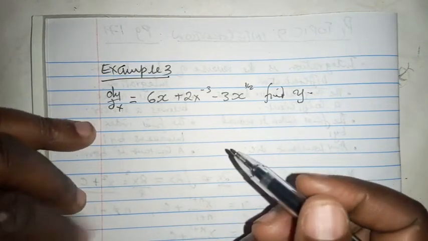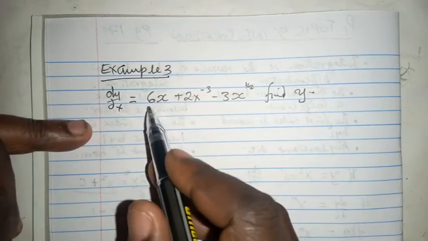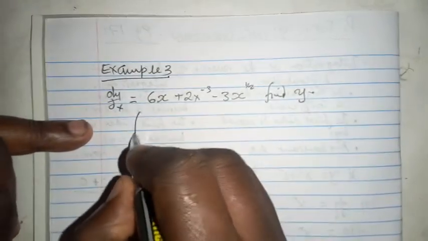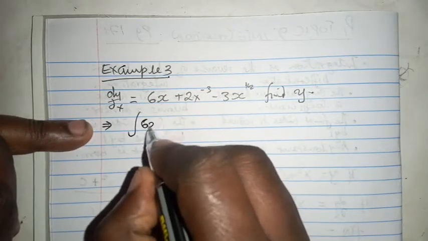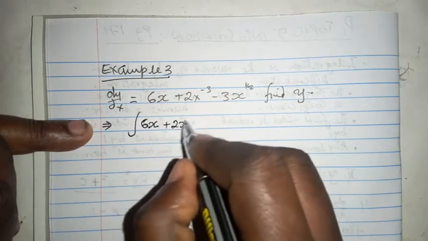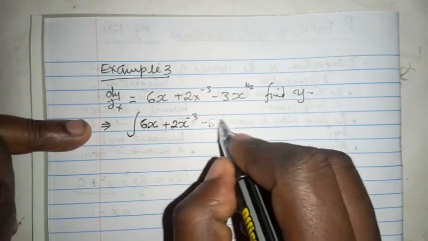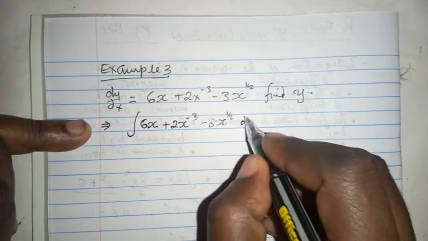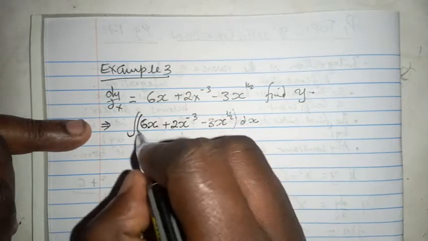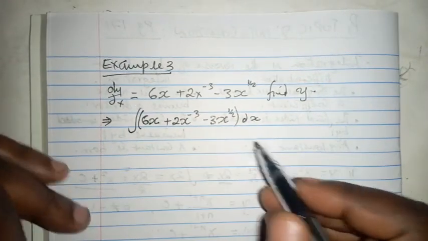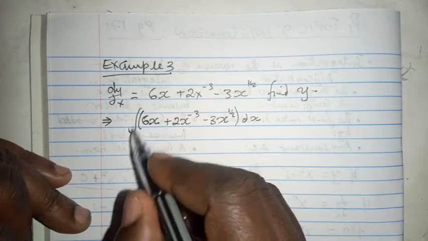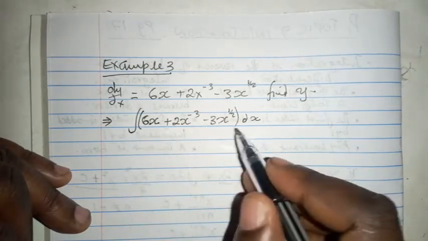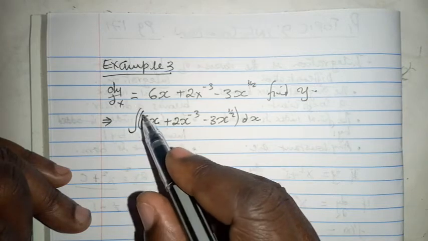It goes without saying that we must be able to integrate the whole of this function. So therefore, this is the integral of 6x plus 2x^(-3) minus 3x^(1/2) with respect to x. And it is an indefinite integral, and therefore we have no lower limit, no upper limit.